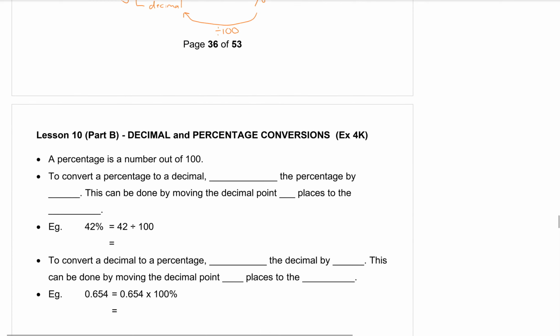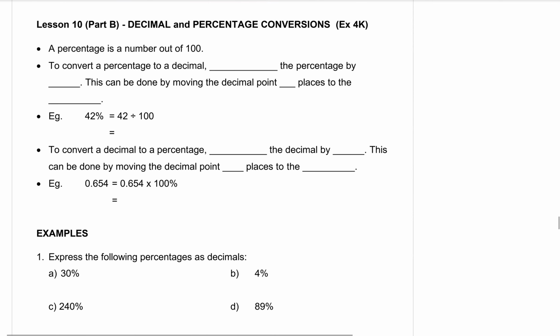So here is the next page. A percentage is a number out of 100. We already talked about that. To convert a percentage to a decimal, divide the percentage by 100. That was what I just wrote in that diagram for you. This can be done by moving the decimal point 2 places to the left if you were trying to do it without the calculator.